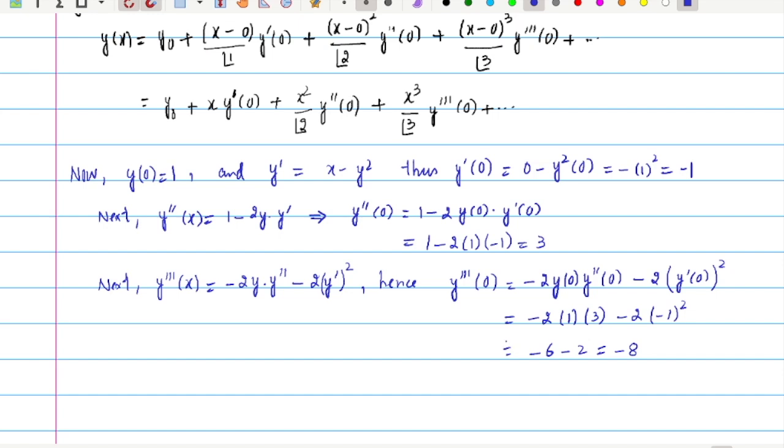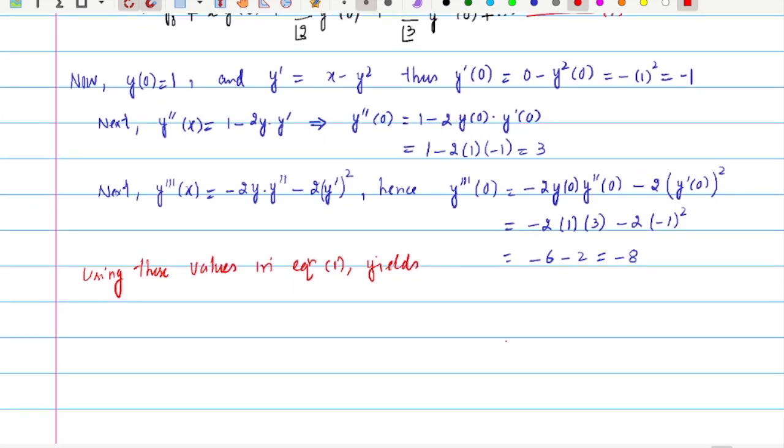Now using all these values, we shall call this equation number 1. Using these values in equation 1, we will get the value of y of x.